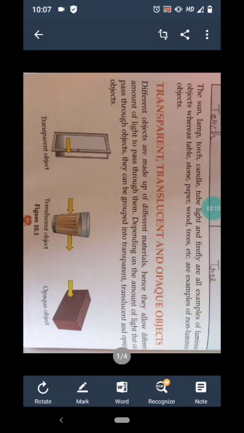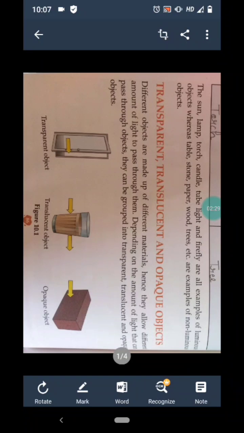So what are transparent objects, what are translucent objects, and what are opaque objects? Transparent objects are the objects that allow complete light to pass through them, like clear water, air, and glass.